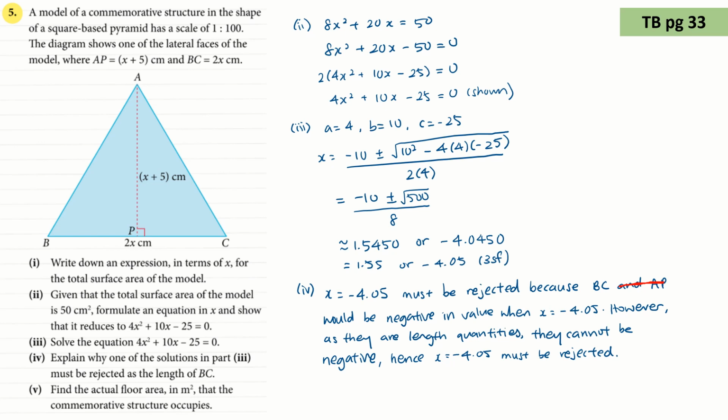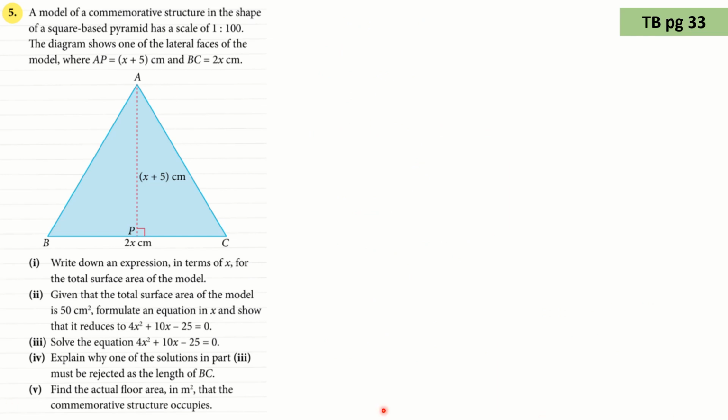Then in part 5, I'll move on to a new page for me to write more working. In part 5, we are told that we want to find the actual floor area, take note, actual, in meters square, that the commemorative structure occupies. So going back to the question, it is talking about the dimensions given over here being only for the model.